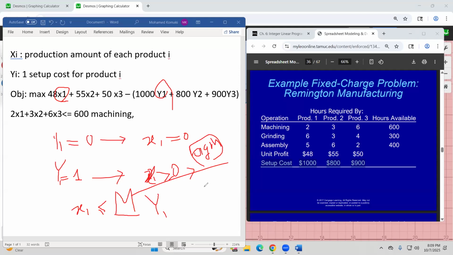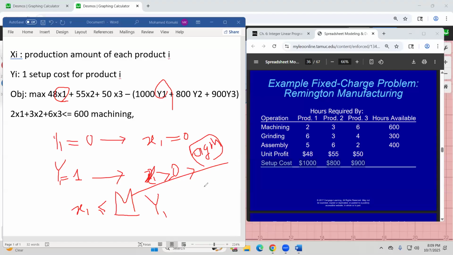M depends on the type of problem that you have. For example, you can put 10 million or 10,000, whatever. It depends on the structure of the problem, but sometimes you have to be very careful what value you put for M, because the solvers put weights on the constraints sometimes, depending on the structure of the problem.